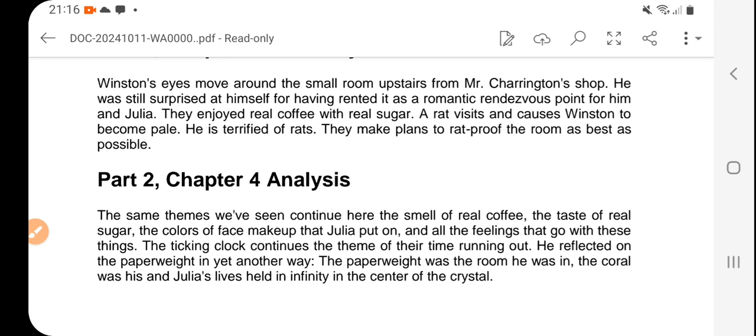So they enjoyed coffee, sugar, and then also that rat. Winston is frightened of rats, he is scared of rats. So they plan that this room should be rat proof.